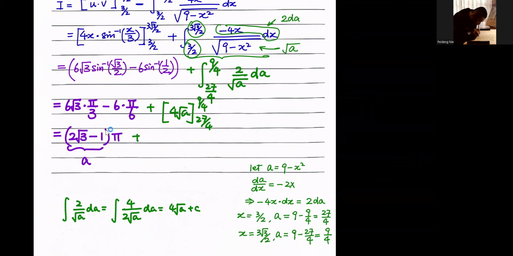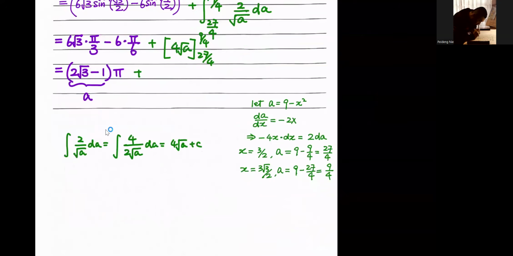And that is like 4 times root 9 over 4, subtracting 4 times root 27 divided by 4. So you should be able to get, let's say, 4 times 3 over 2 minus 4 times 3 root 3 over 2.